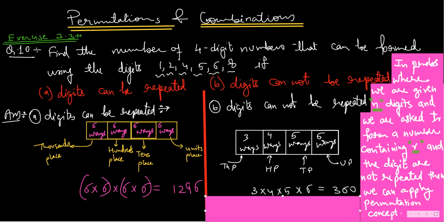Right. That is, answer equals nPr. N digits are given and you have to make a number using r digits.